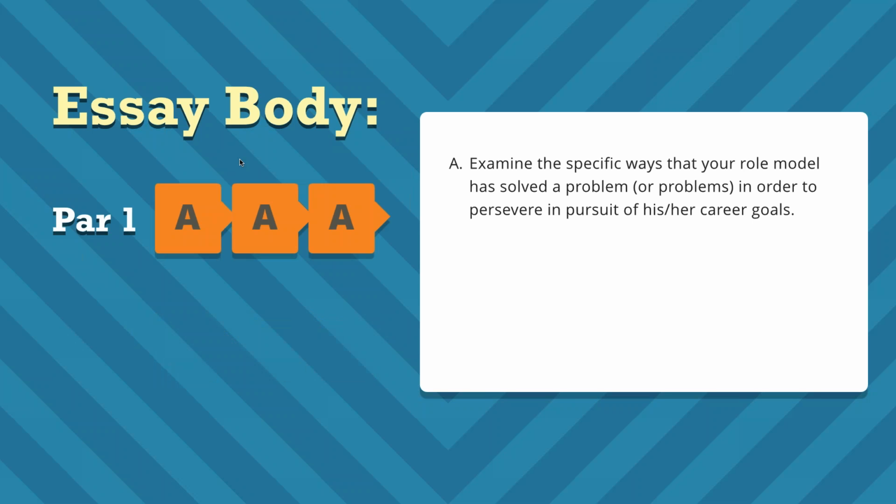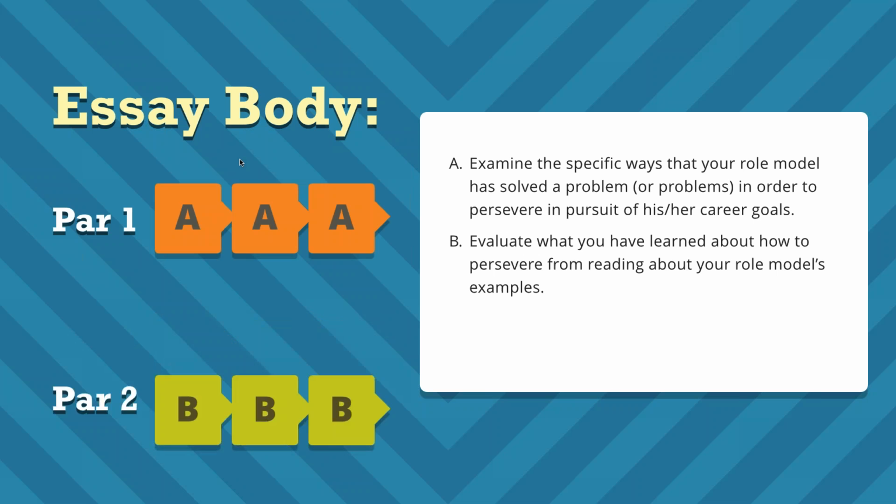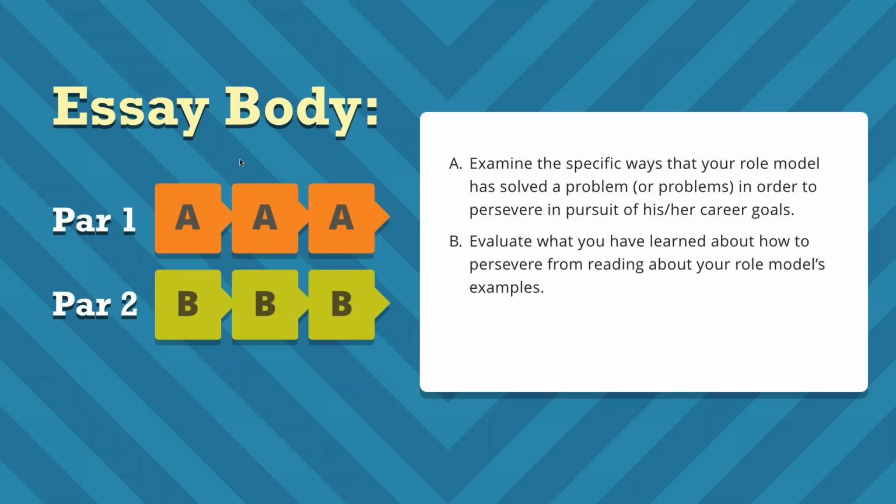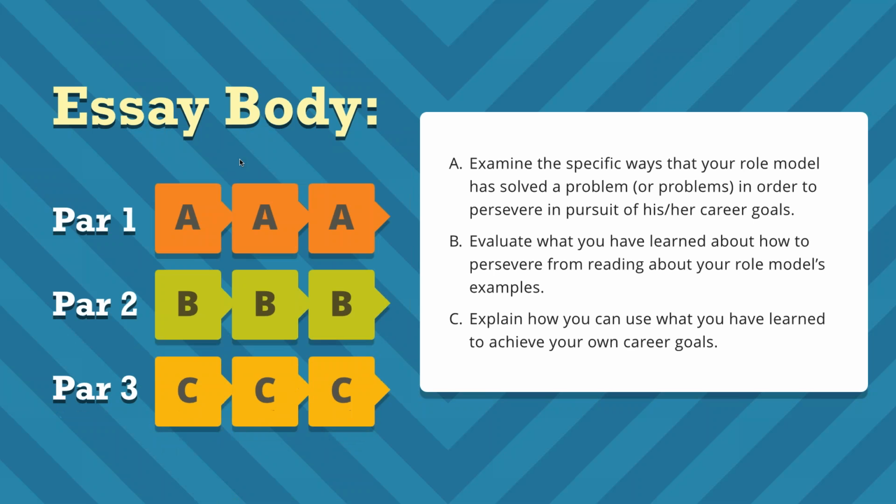So keep in mind that this essay has to examine the specific ways that your role model has solved a problem or problems. It also has to evaluate what you learned from those problem-solving examples, and it has to explain how you can use what you've learned to achieve your own career goals.